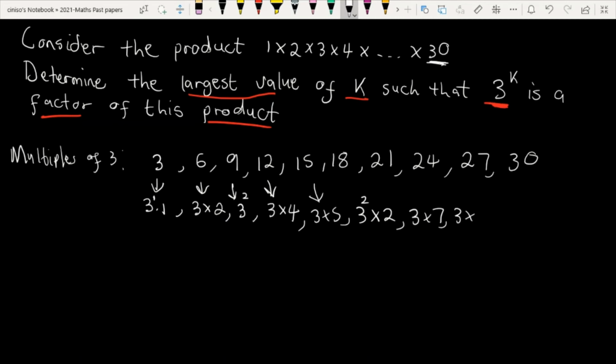And 3 times 8 gives you 24. 3 to the power of 3 gives you 27. And 3 times 10 gives you 30.